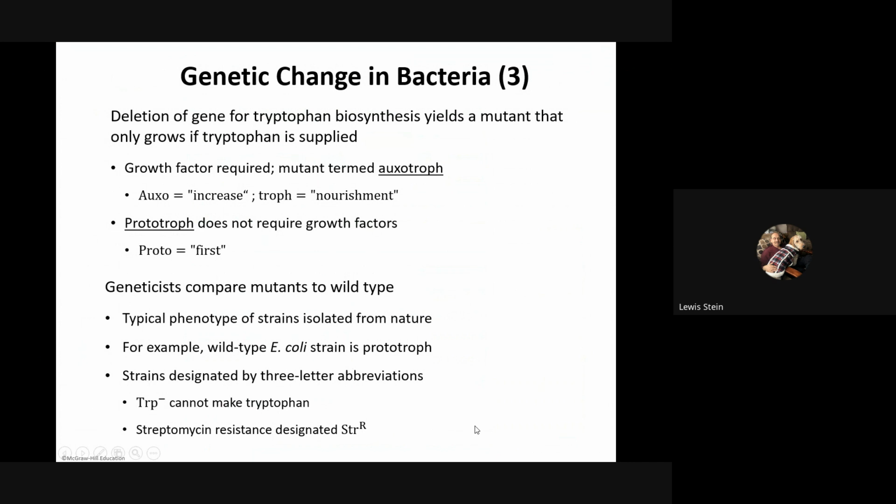But every so often, if you see a test, not necessarily by me, this is code for being resistant, like, let's say, E. coli that's streptomycin resistant, or a strain of E. coli that requires the amino acid tryptophan to be able to grow. That's where those come into play.